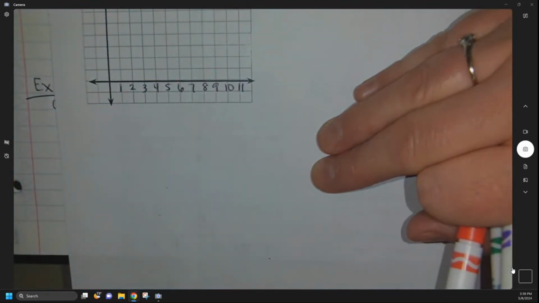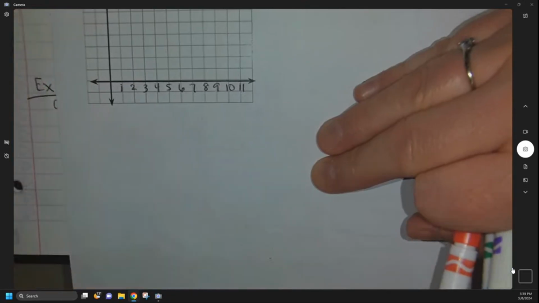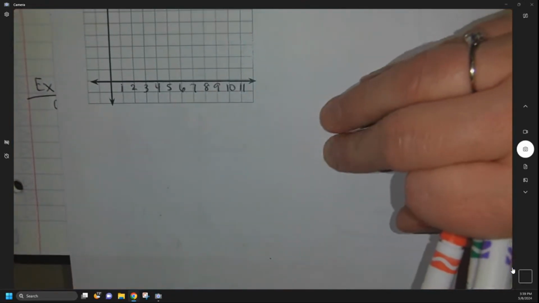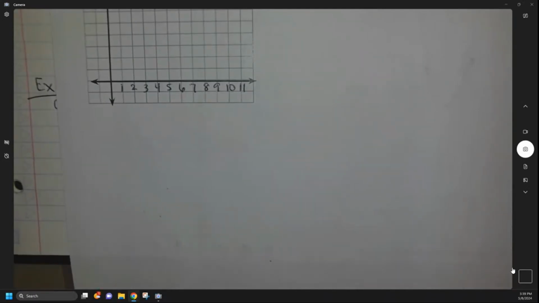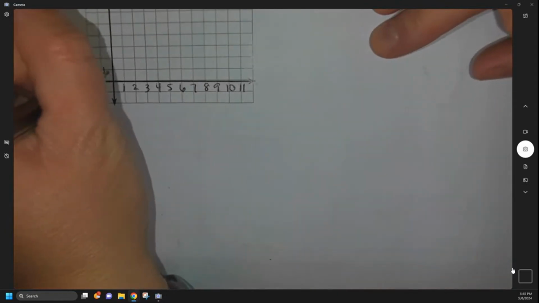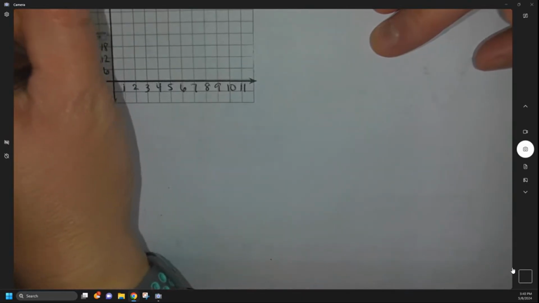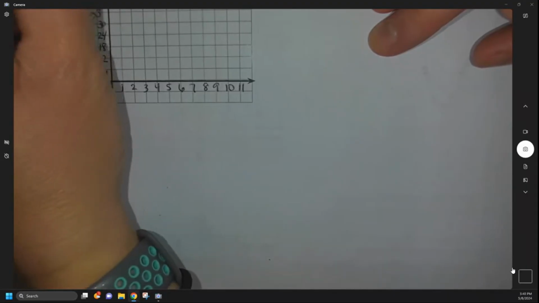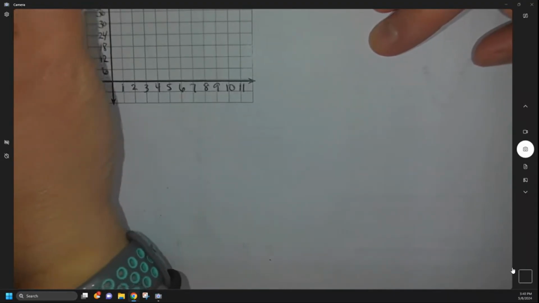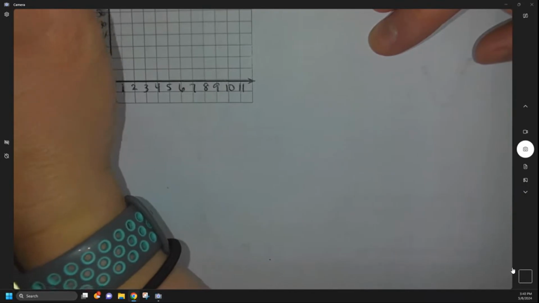And then let's see how many lines we got. 1, 2, 3, 4, 5, 11. 11 of those. So let's count by 6s. So we're going to have 6, 12, 18, 24, 30, 36, 42, 48, 54, 60, 66.